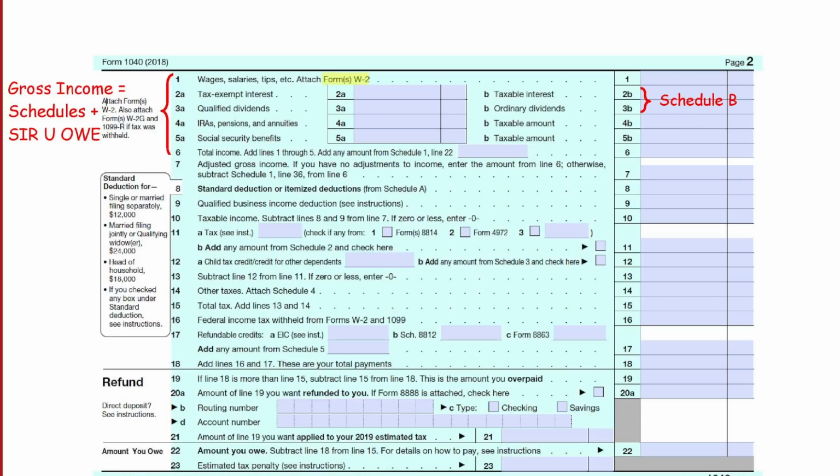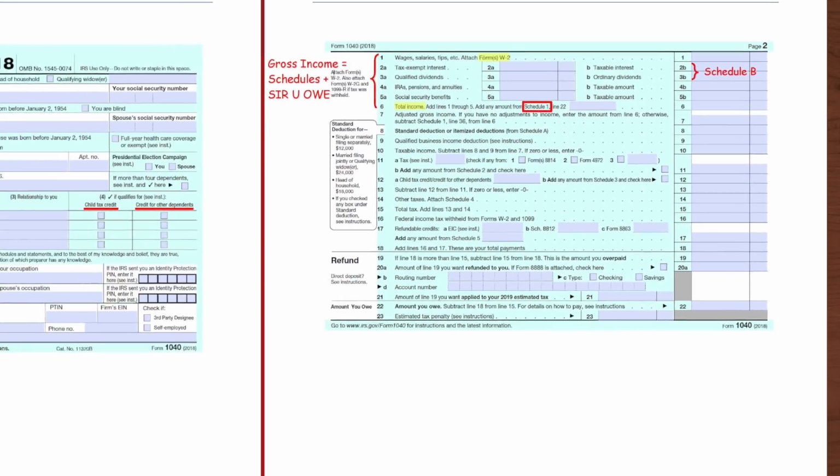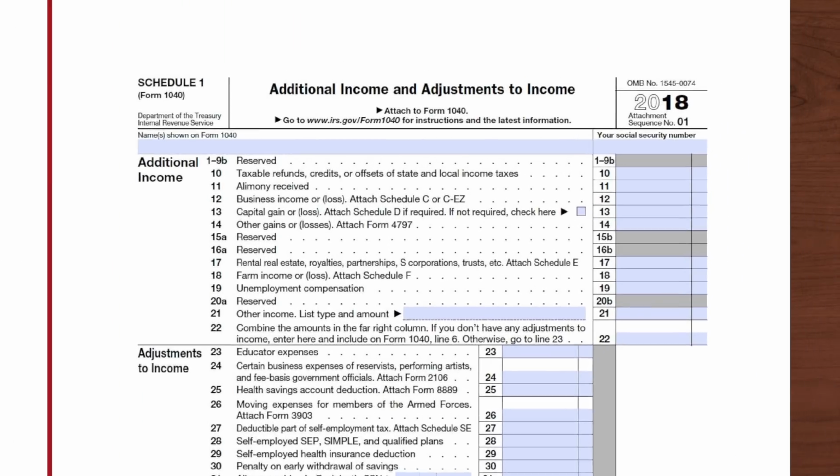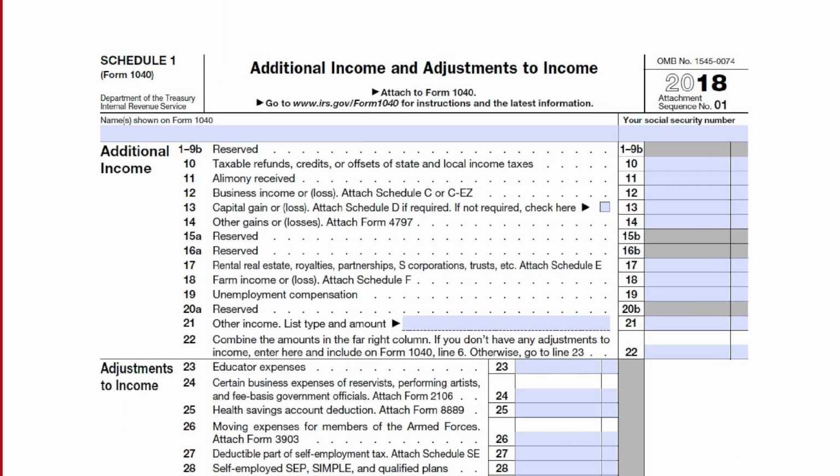Look at line number 6. Highlight total income. It says add lines 1 through 5 and add any amount from, put a box around Schedule 1, line 22. Flip to page 7 where we've got, put a box around Schedule 1 to Form 1040.